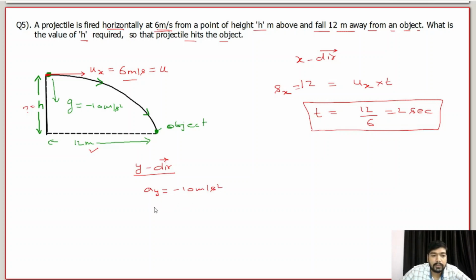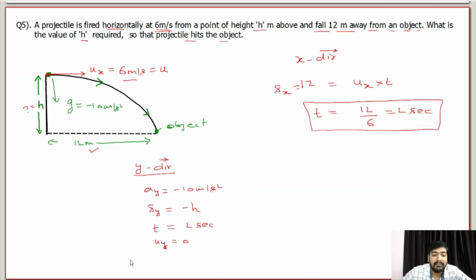The displacement in y is minus h, because it's going in negative y, and we know the time, 2 seconds. As well, the initial velocity in y direction is 0.